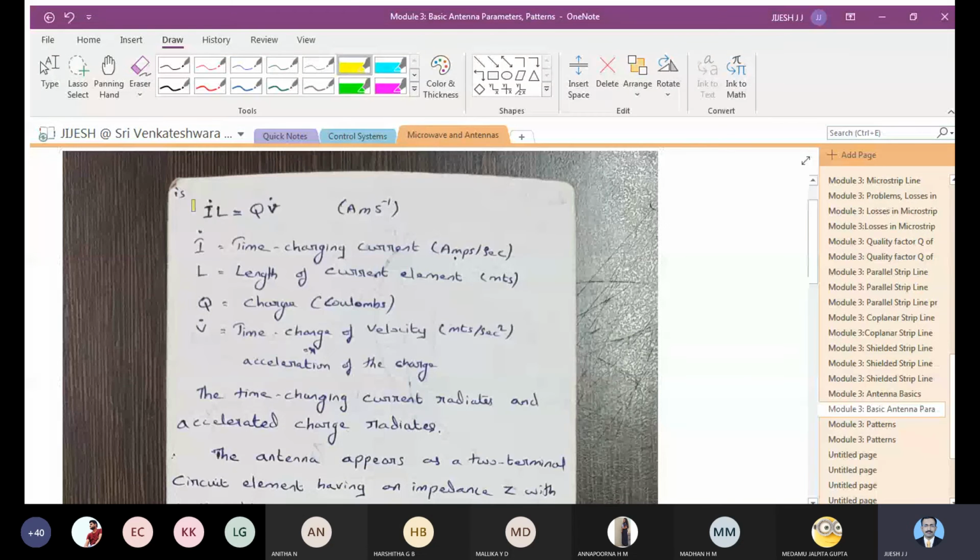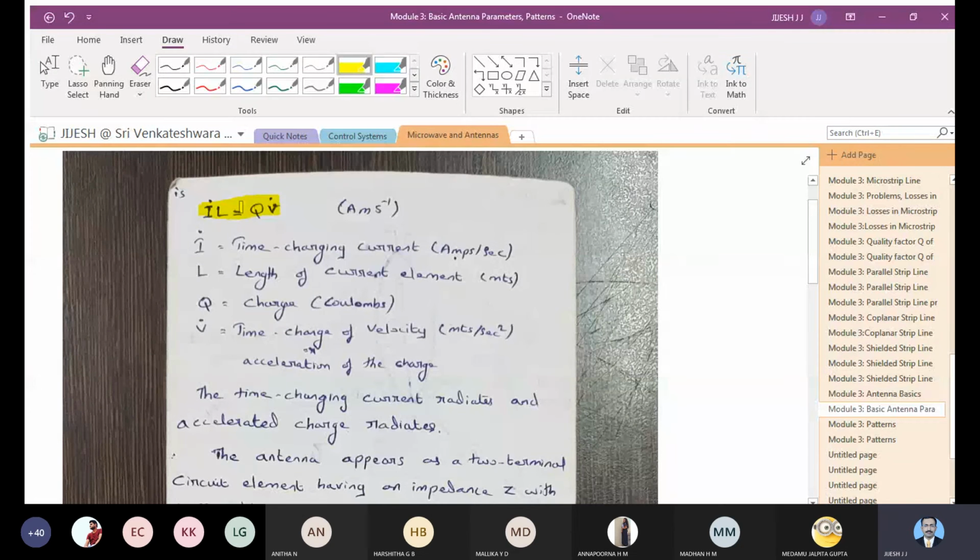So what is I dot? I dot is the time changing current. L is called the length of the current element. Q is called the charge, and you know the units, coulomb and amperes per second, meters.